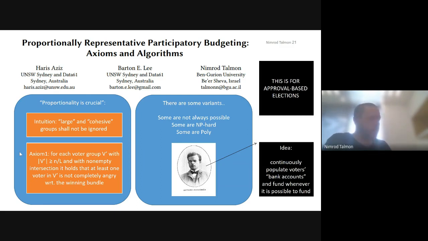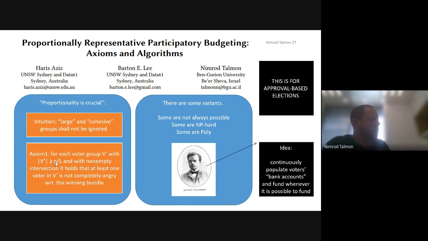And more formally, it means that each group of voters, V prime, that contains at least N over L, where N is the number of voters, and L is the total budget.